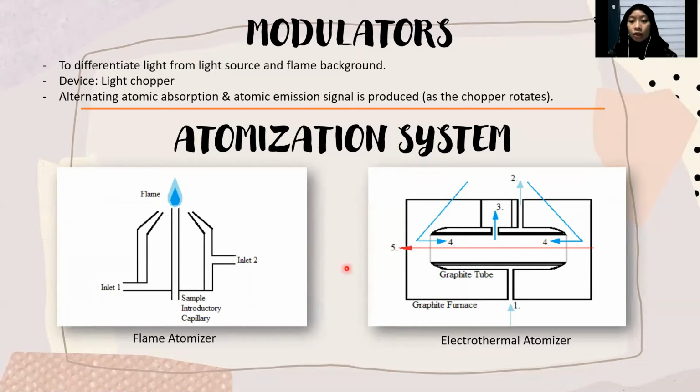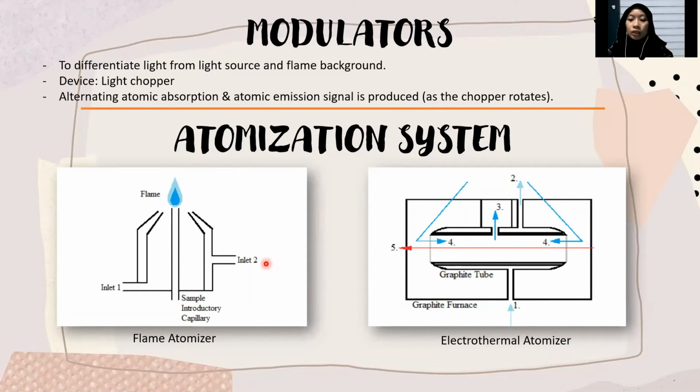Here are the schematic representations of the atomizers, and both of these atomizers have their own advantages and disadvantages. However, the flame atomizer is more preferable for its simplicity and cost effectiveness. And as for the atomization system, I will be focusing on the explanation for the flame atomizer.